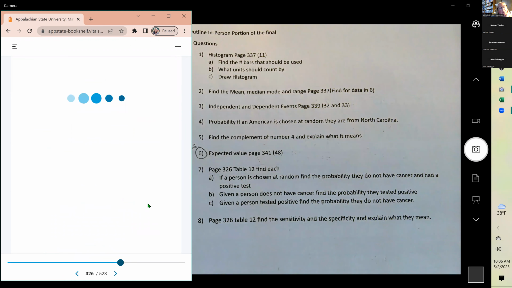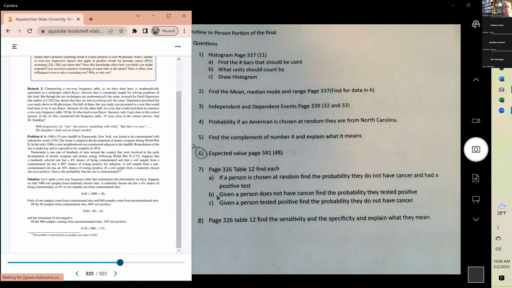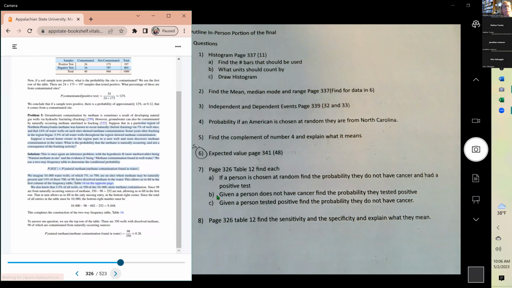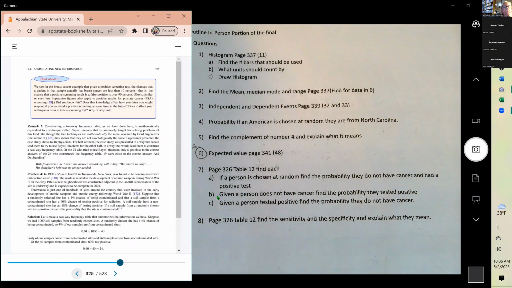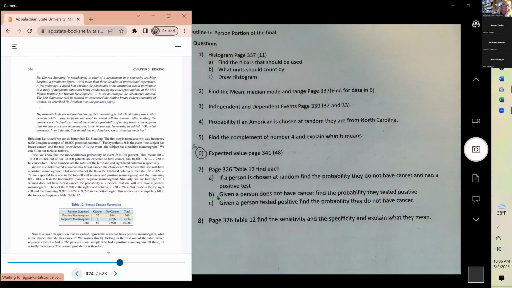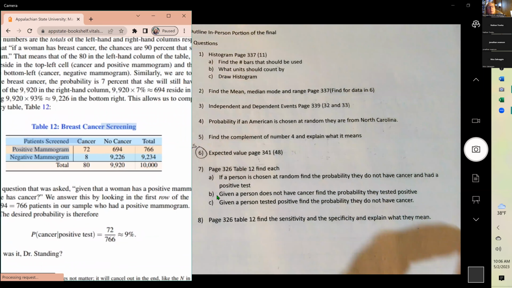It's back one. Must be 325. No. There it is. So it should be 324.